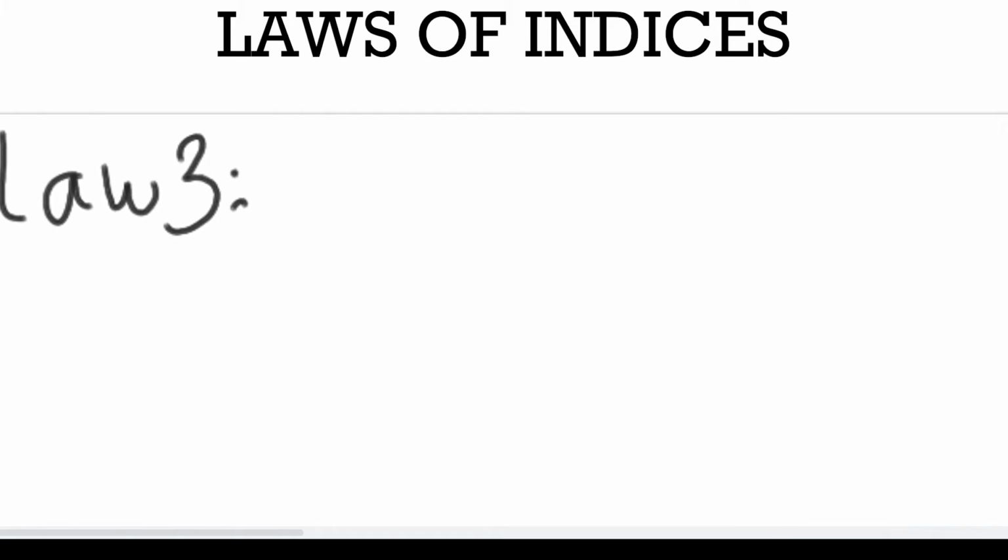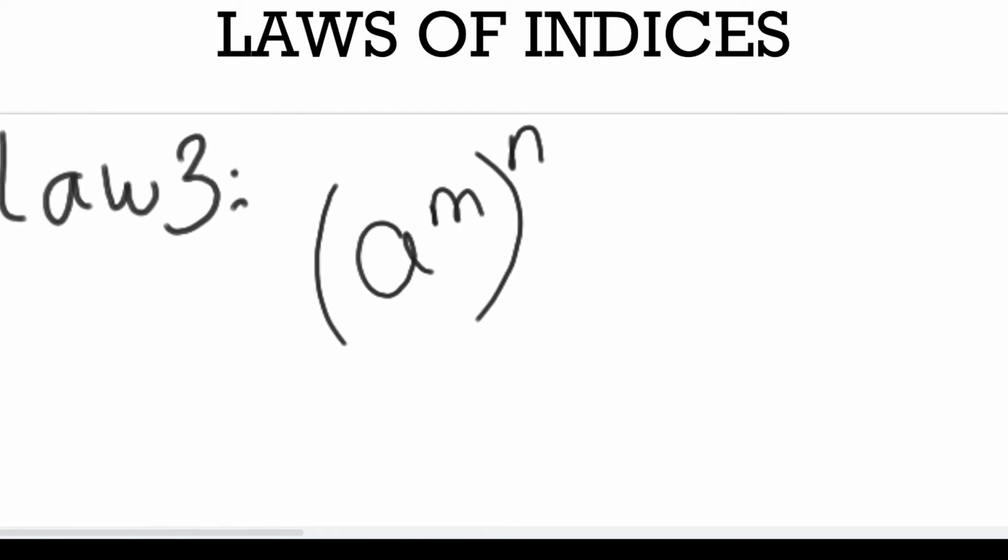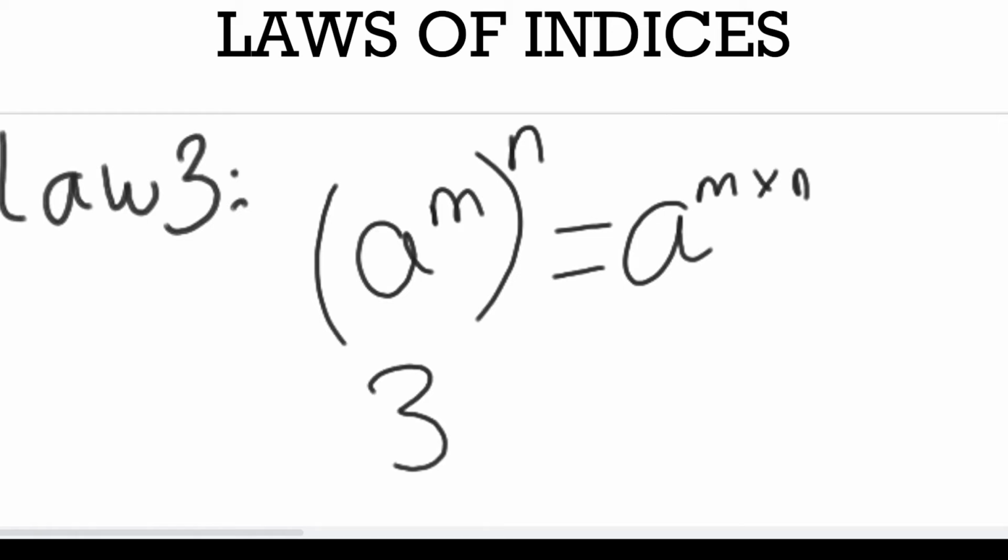Let me write it. If a to the power m has a whole power of n, it could also be written as a to the power m multiplied by n. For example, in numbers, suppose m is 2 and n is 3.